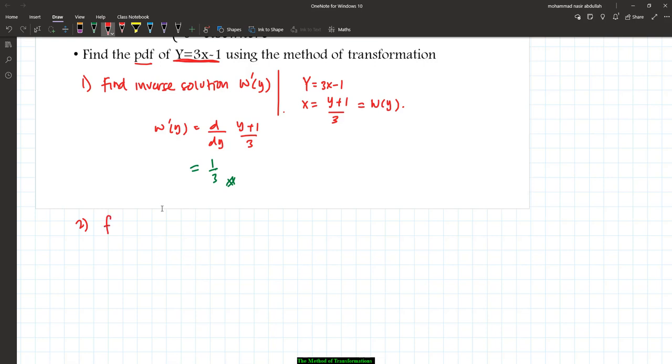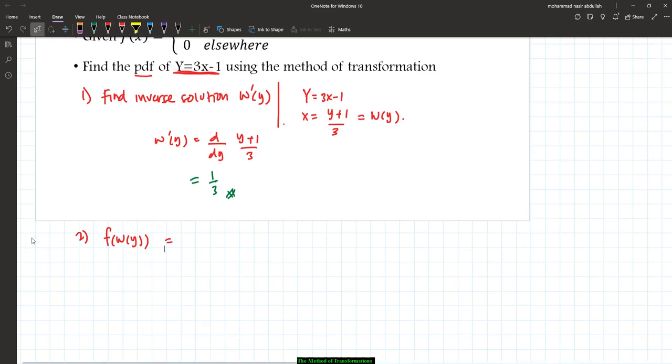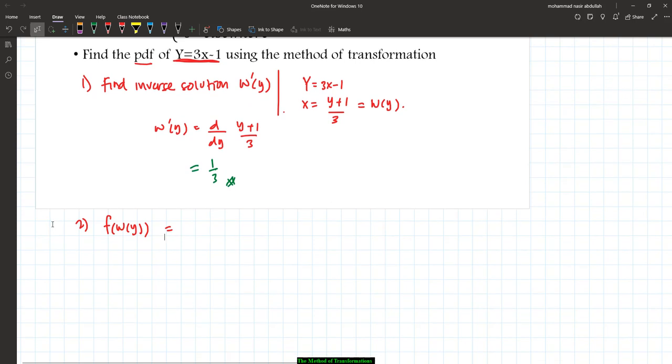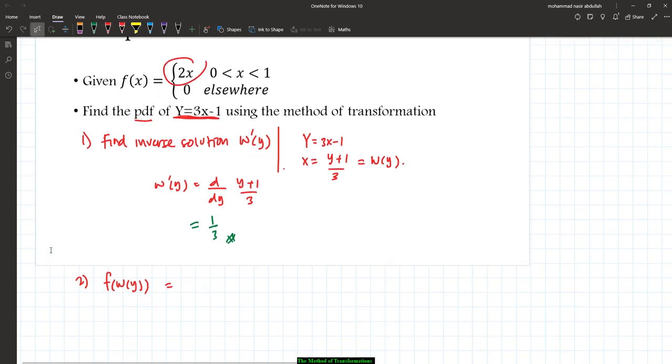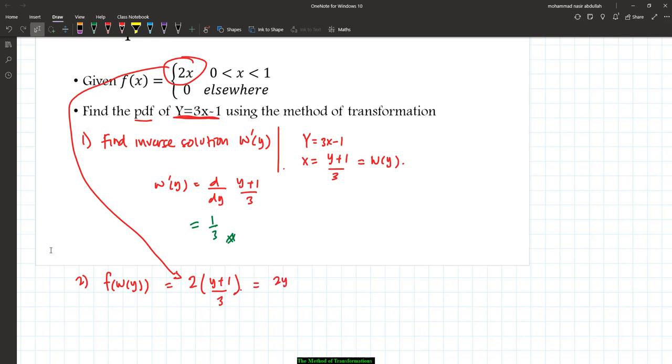So step number 2, we want to find the function f(w(y)). f(x) is equal to 2x, so you just copy the function and put in x, where x is equal to (y plus 1) divided by 3. So it should be equal to 2(y plus 1) divided by 3, that is, 2y plus 2 divided by 3.